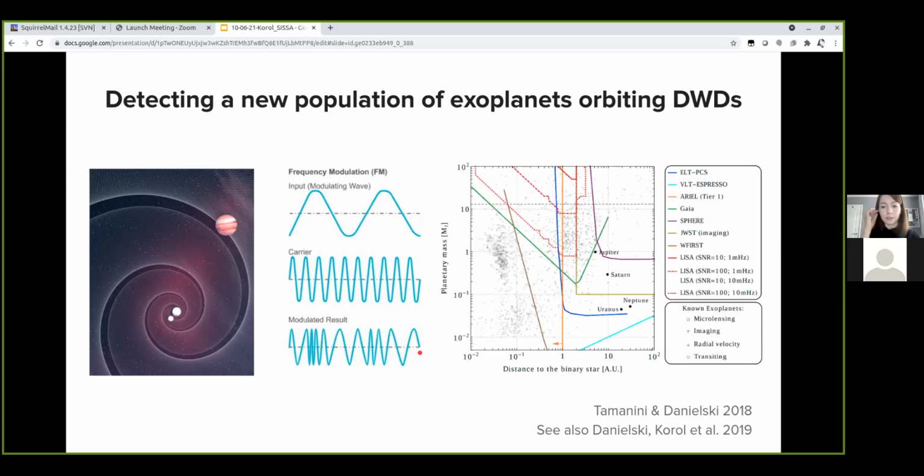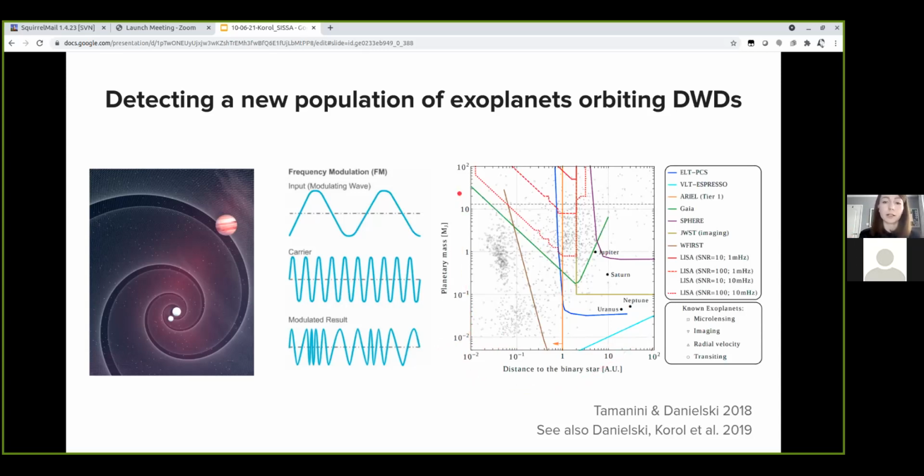And specifically, Nicola Tamanini and Camilla Danielski calculated what parameters of this tertiary object LISA can access through this technique. So on the x-axis, you see the distance of the exoplanet from the center of mass of the binary, measured in astronomical units.